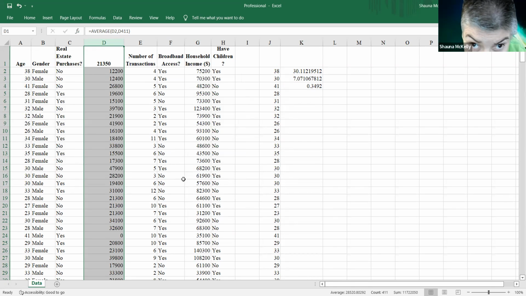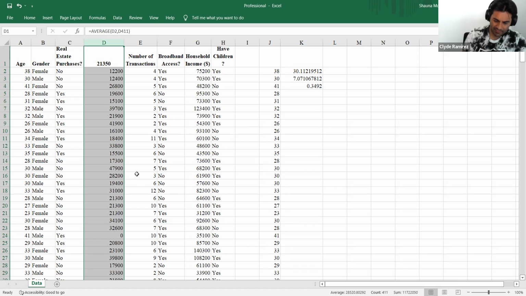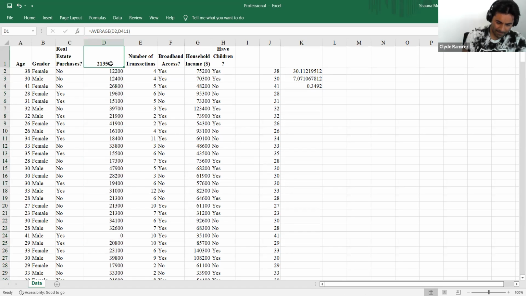I'm getting 21,350 for that. I put a dash instead of a comma, Shauna. I'm sorry. Oh, yeah, no, because then what it did is it subtracted them. So it interpreted it to be subtraction when you did that.